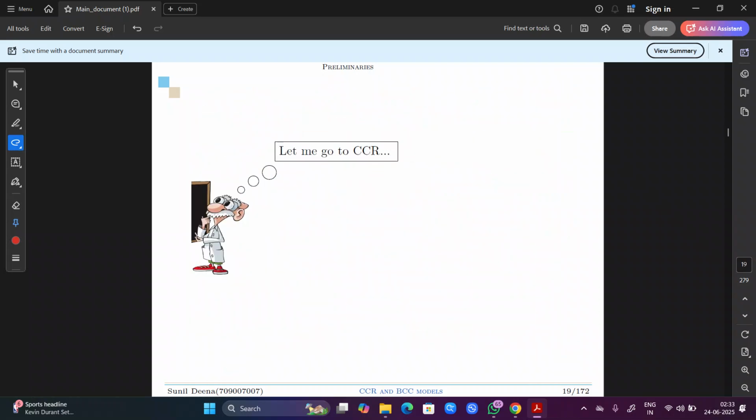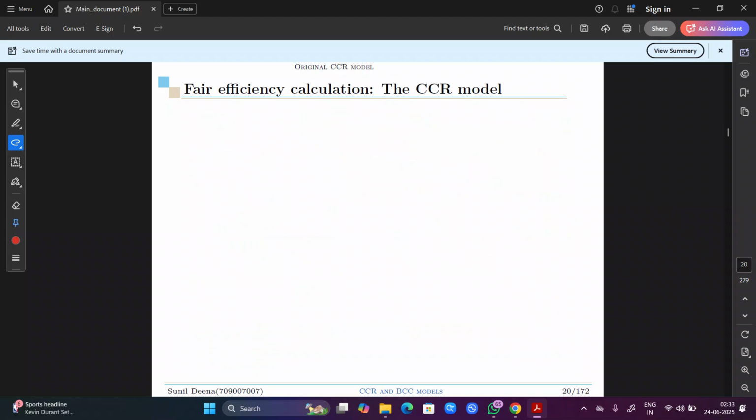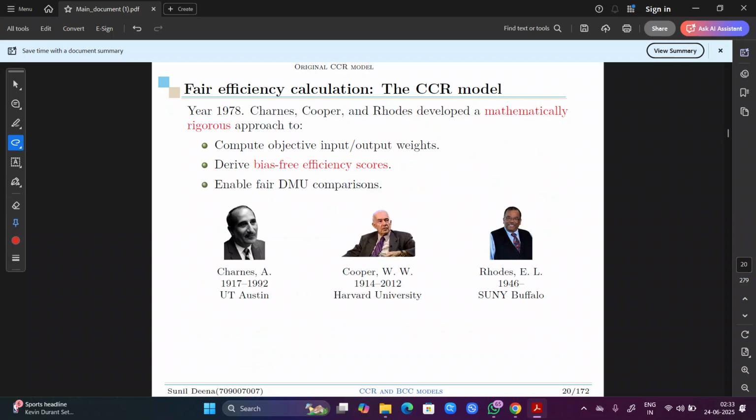Let me go to the CCR model. Fair efficiency calculation, the CCR model. In the year 1978, Charnes, Cooper and Rhodes developed a mathematically rigorous approach to compute objective input-output weights, derive bias-free efficiency scores, and enable fair DMU comparisons.